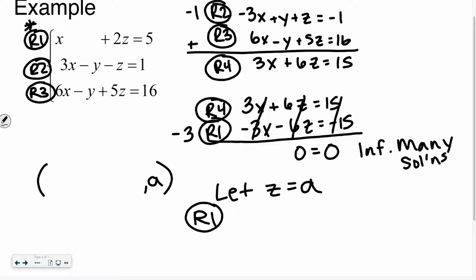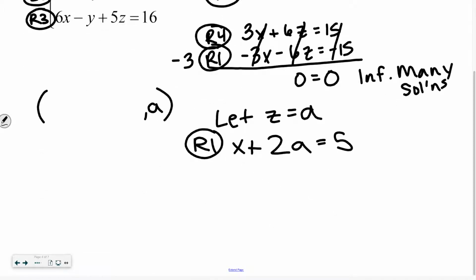I'm going to do x plus 2 times whatever z is, which we said was a, equals 5. So let z equal a, then to solve for x, x plus 2a equals 5. x is equal to 5 minus 2a. So it's how x is related to z in terms of a.